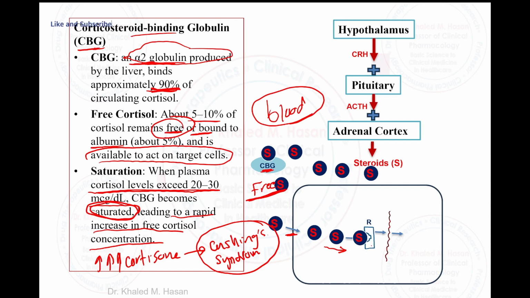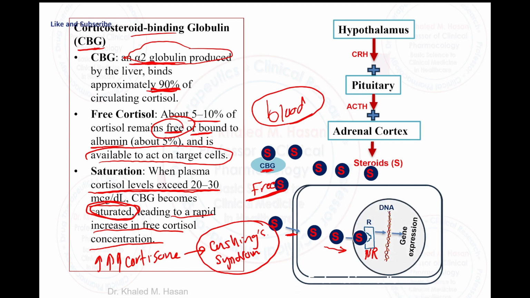This is the nuclear receptor here, NR. This steroid binding to the nuclear receptor will cause DNA transcription, which will lead to gene expression. The result will be the action, the physiological responses.